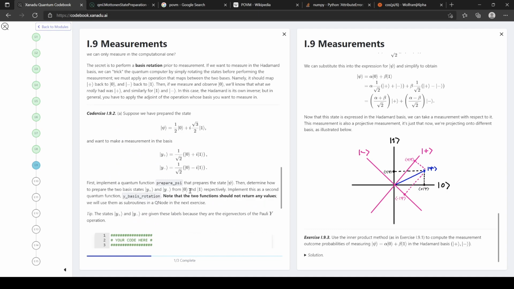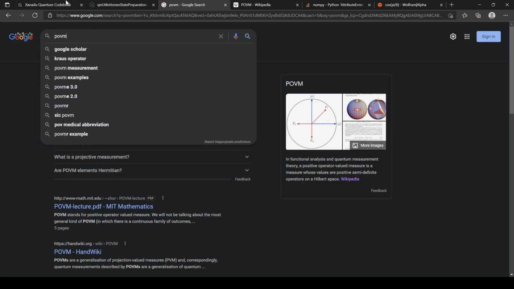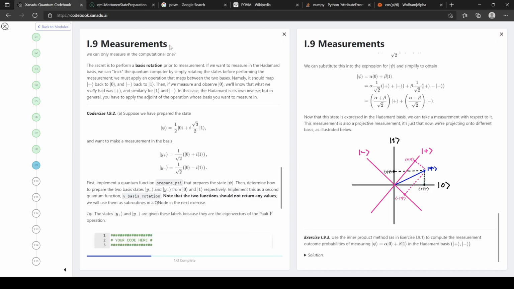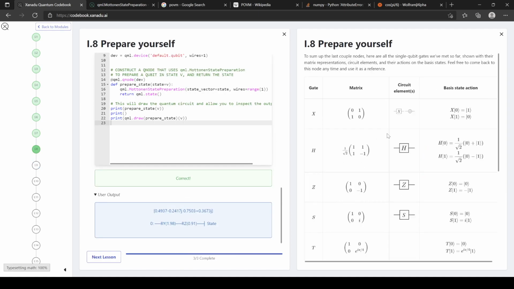Now to convert it to the y basis, we need to map halfway around the z-axis. Let me just check. If we want to, we can just go back actually and look at.